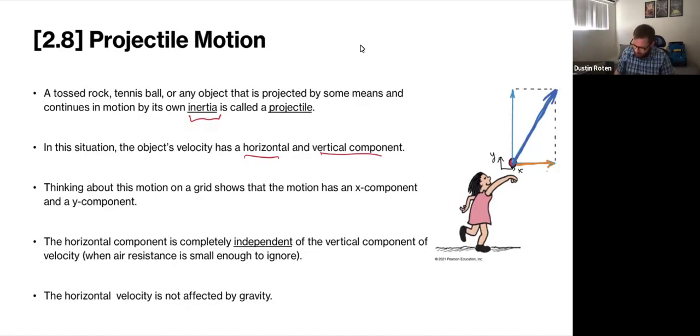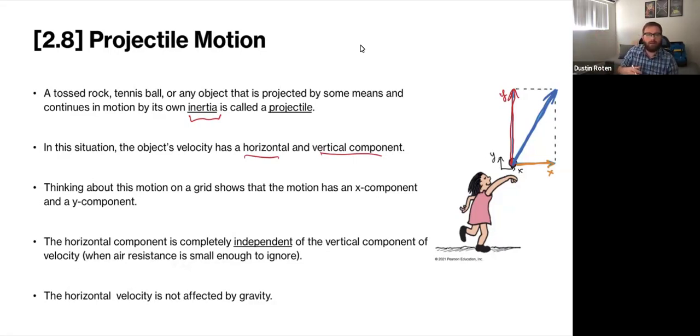Well, this is our x component of the velocity. And the same thing, if we ignore what it's doing side to side and just watch it go up and down, sort of like we were riding along the side of it, well, that would be its y component of its velocity. And now both of these things together make up its main velocity, the direction of travel here in blue.